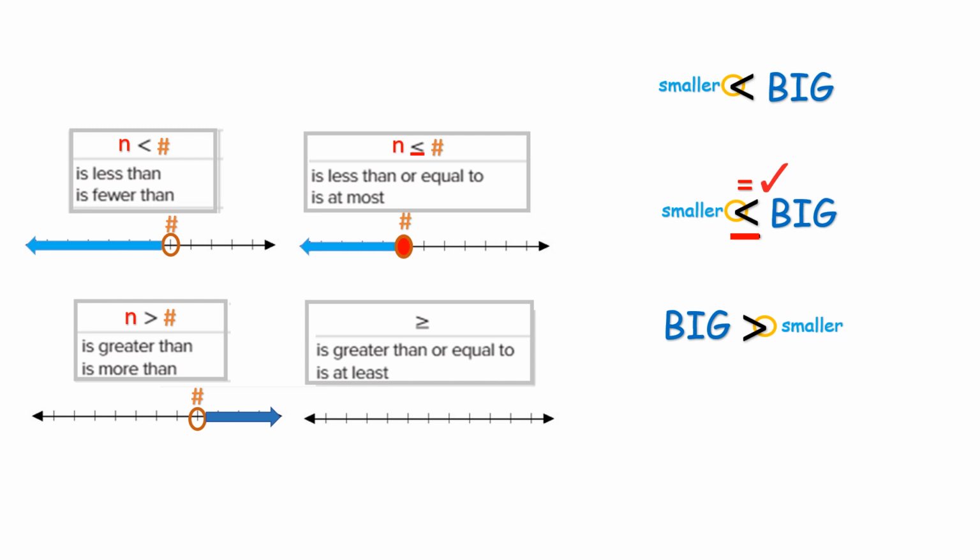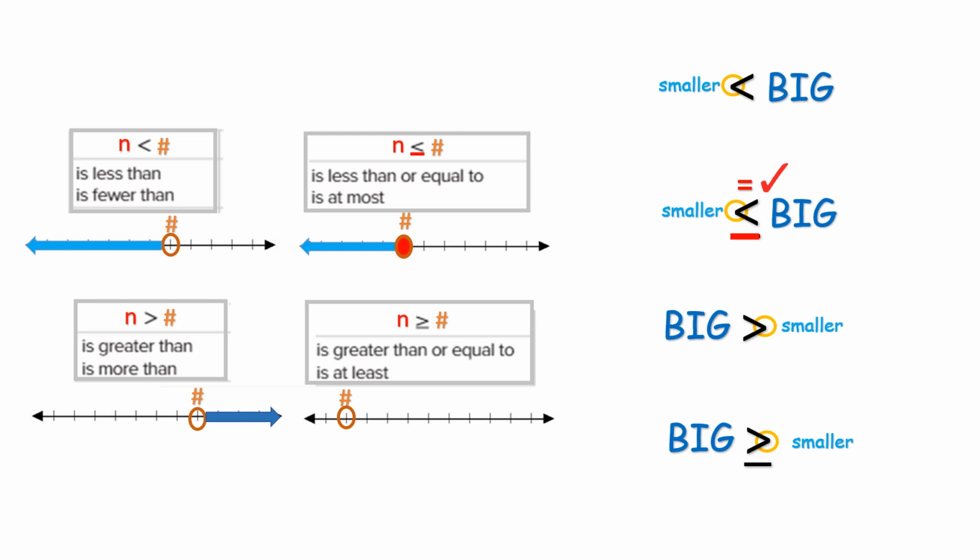I'm going to do the same thing with the last one. I can see that my variable is greater than or equal to the number given. If I have that type of inequality, then I look at where the arrow is pointing. It's pointing to the smallest number. This number is greater than the number that's given.